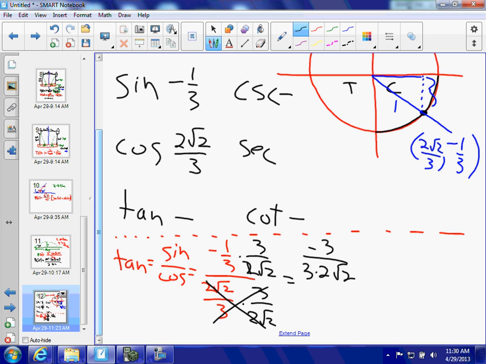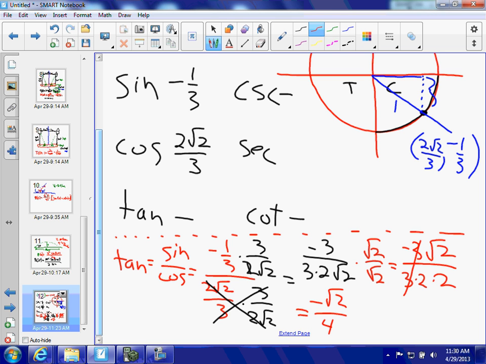I need to rationalize my denominator. I can't leave the radical sign in my denominator, so I'm going to multiply the top and the bottom by radical 2 over radical 2, and I get negative 3 radical 2 over 3 times 2 times 2. Well, I can see that my 3's are going to cancel out, so my tangent is equal to negative radical 2 over 4.